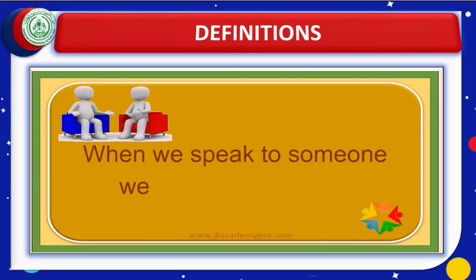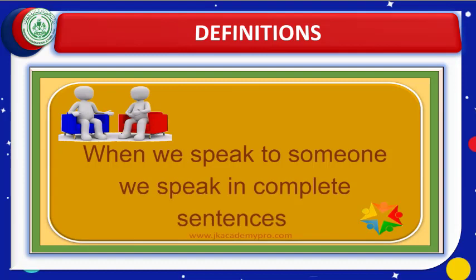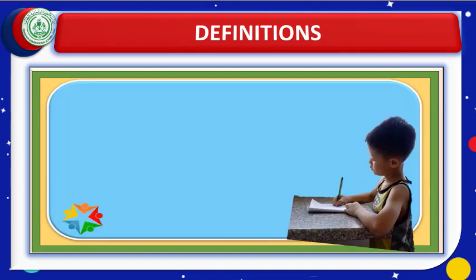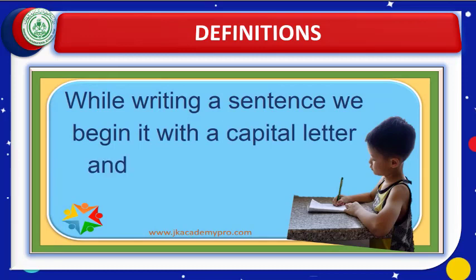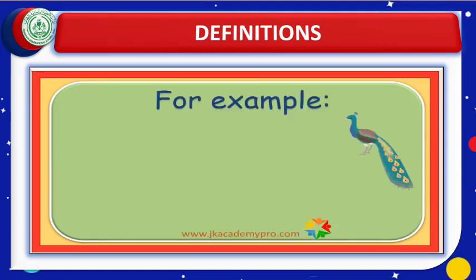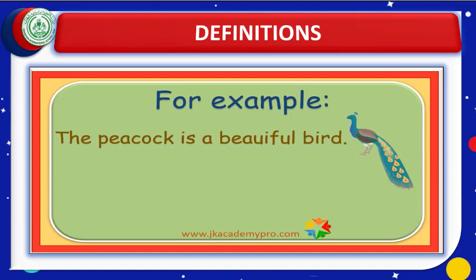When we speak to someone, we speak in complete sentences. While writing a sentence, we begin it with a capital letter and end with a full stop. For example, the peacock is a beautiful bird.